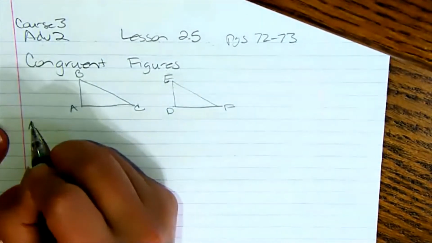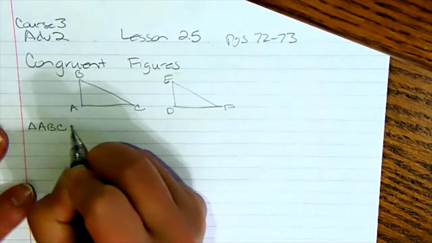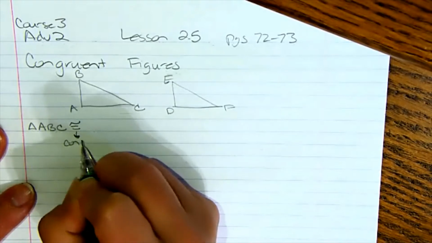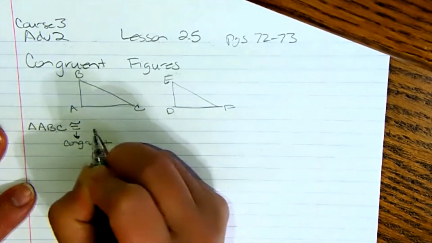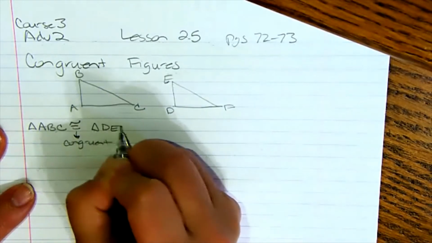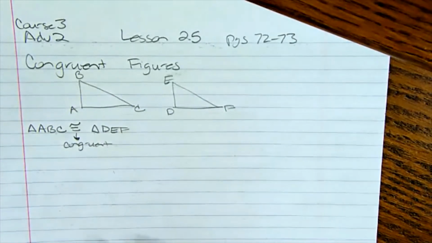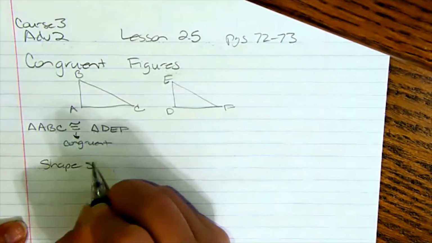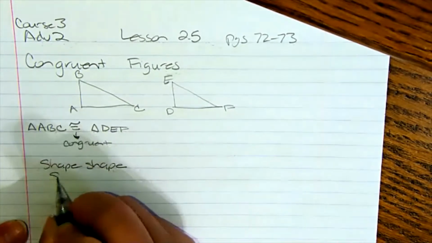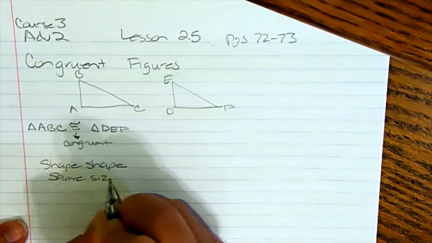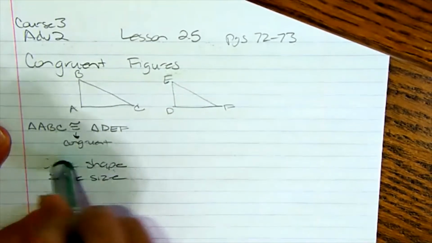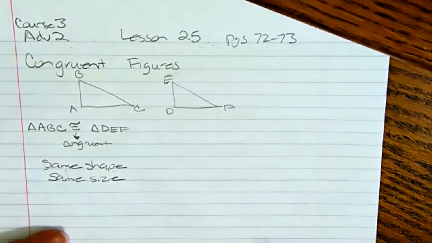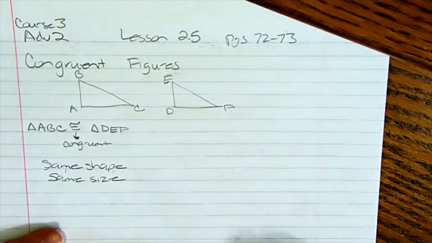And I am telling you that triangle ABC is congruent, remember, this is the congruent symbol, to triangle DEF. And what does congruent mean? Congruent, same shape, same size.